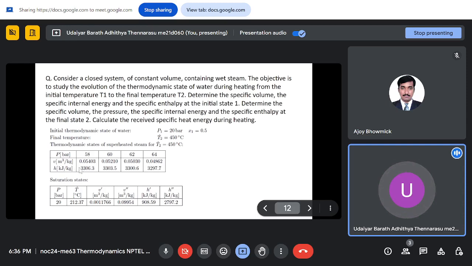Then the saturation state at 20 bar is given, the saturation temperature is 212.37 and the corresponding specific volume of liquid and vapor and enthalpy corresponding to liquid and vapor are given. So H double dash indicates vapor and single dash indicates liquid.